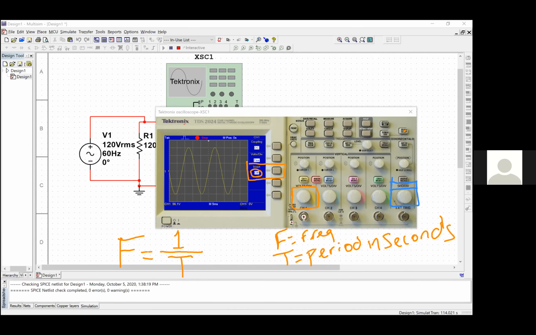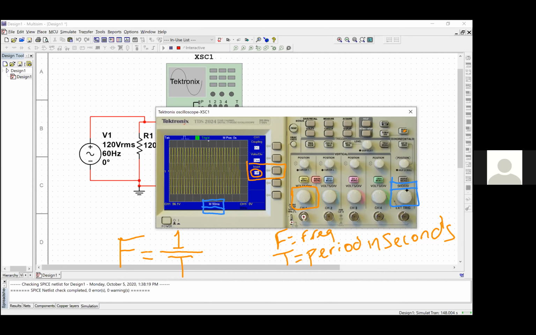As we continue to do the simulation, please look at this. As I am moving this little knob here, I want you to focus on that time. Right now it is 5 milliseconds. So if I move this, look at what happened to the signal.